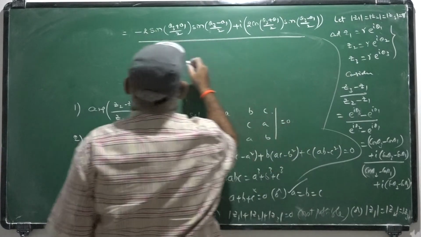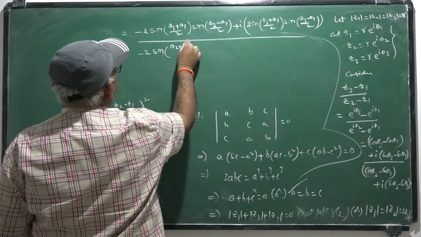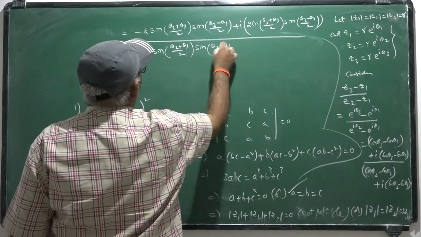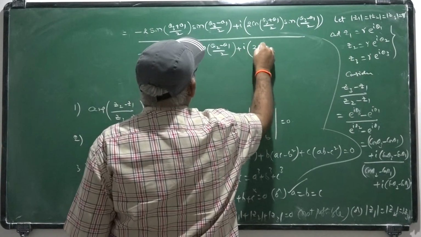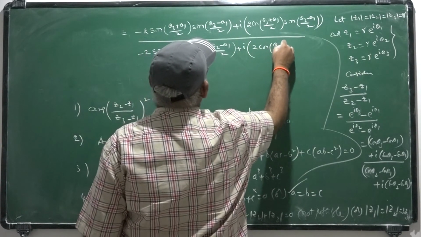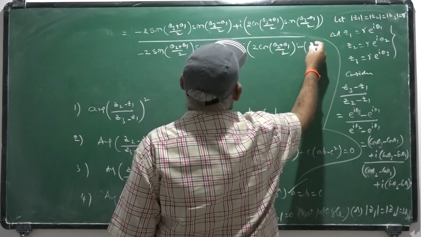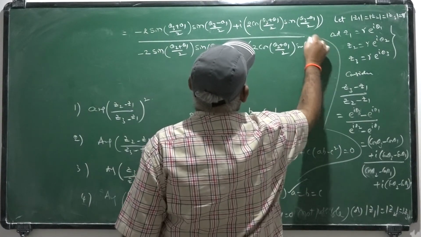Similarly in the denominator we get minus 2 sin of (theta 2 plus theta 1) by 2 sin of (theta 2 minus theta 1) by 2 plus i into 2 cos of (theta 2 plus theta 1) by 2 sin of (theta 2 minus theta 1) by 2.